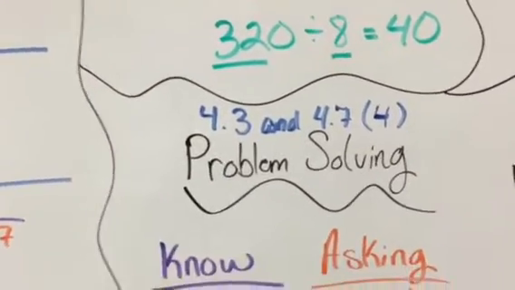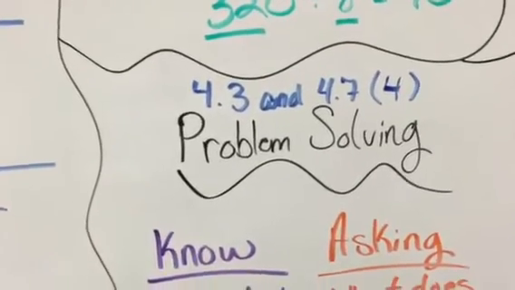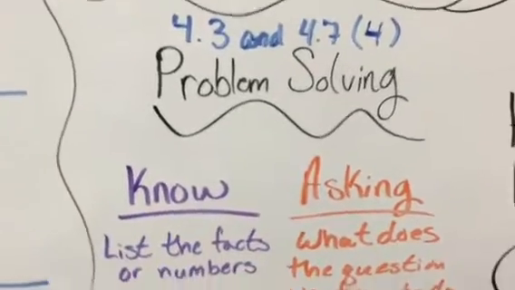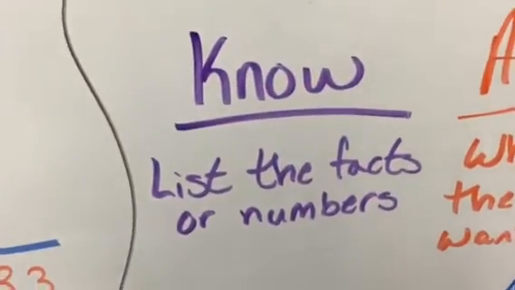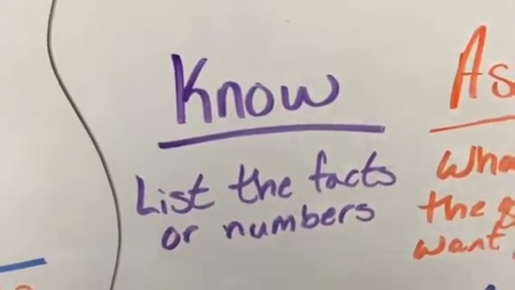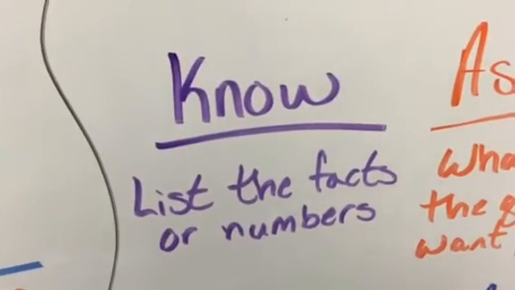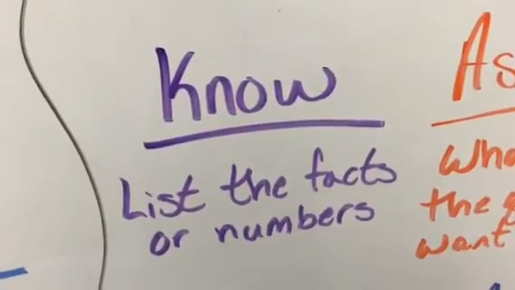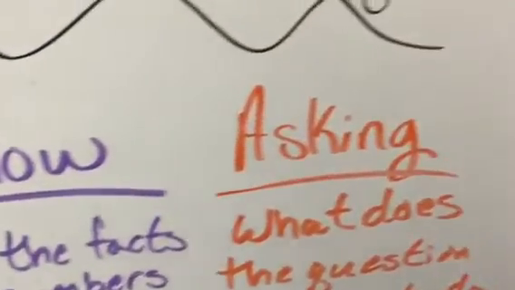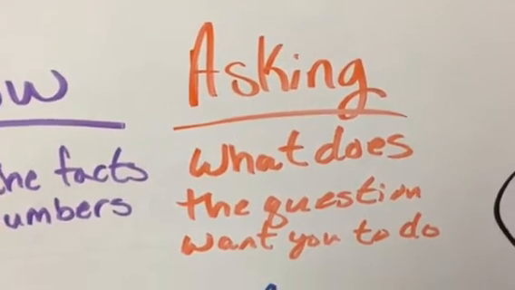Next, let's move down to problem solving. 4.3 and 4.7, there will be 4 questions on the test that you'll have to kind of do this method. So first we write down the things we know. We list the facts or the numbers, such as there were 118 campers and they were going in 6 cabins. I'm sorry, 6 campers per cabin. Then it asks us, what does the question want you to do?